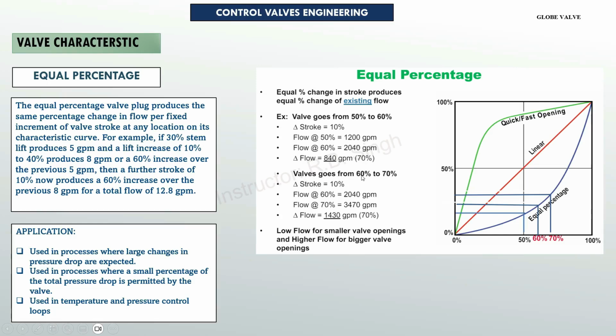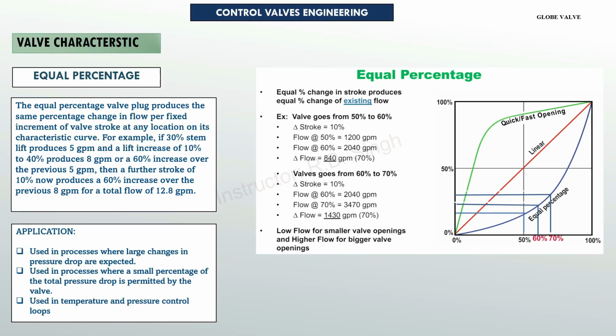The valve goes from 60 to 70%. Now we have changed another 10% opening, and the flow at 60% is 2040 and the flow at 70% is 3470 GPM. Now the valve is at 70% and the flow change is also 70% again. So that means if we change the stroke by an equal percentage, then the change in flow will also be an equal percentage.